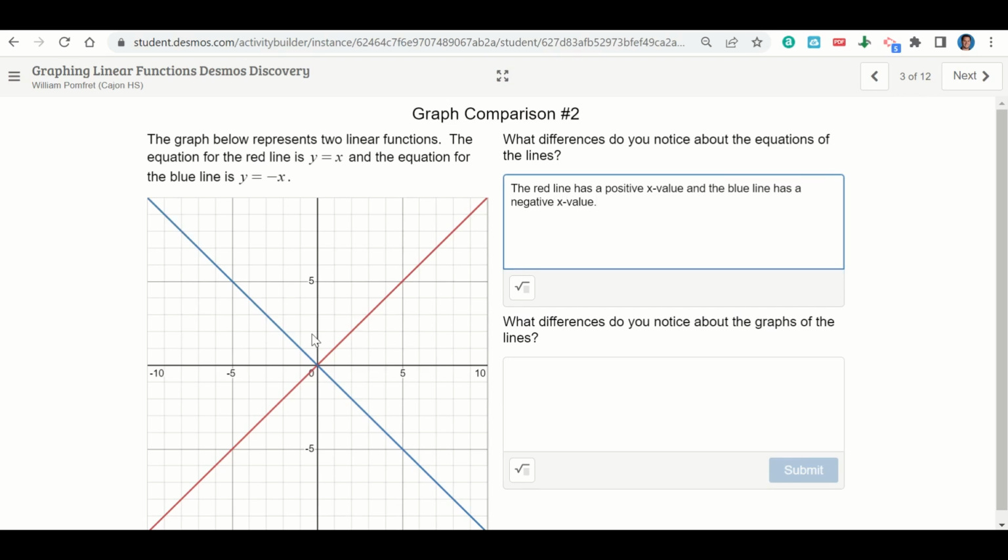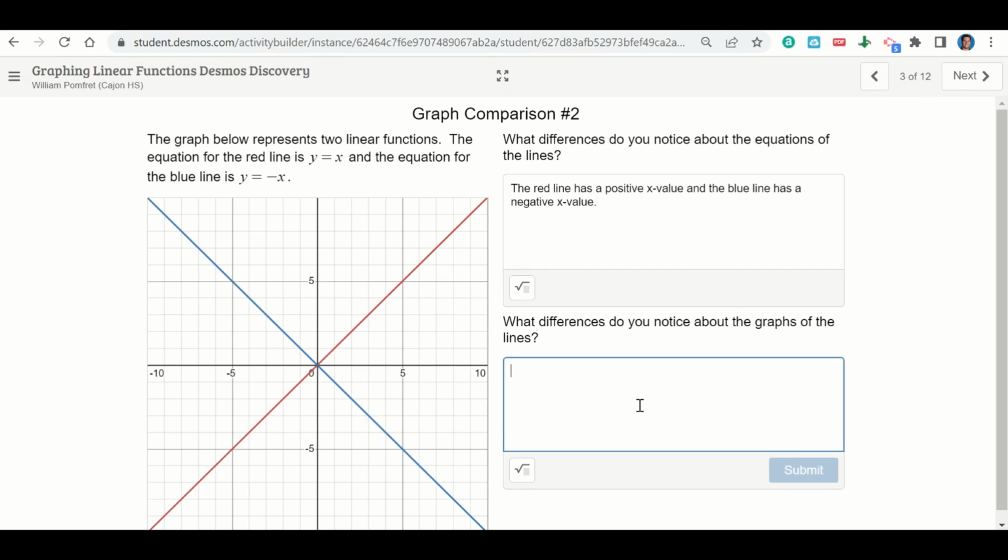And what do I notice is a difference in the graphs? Well, the red line goes up from left to right, and the blue line goes down from left to right.